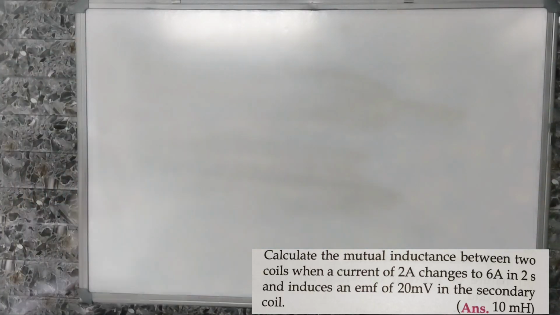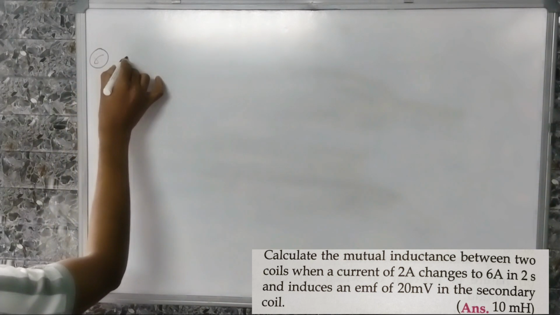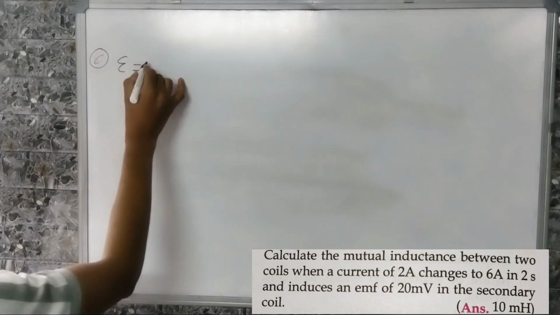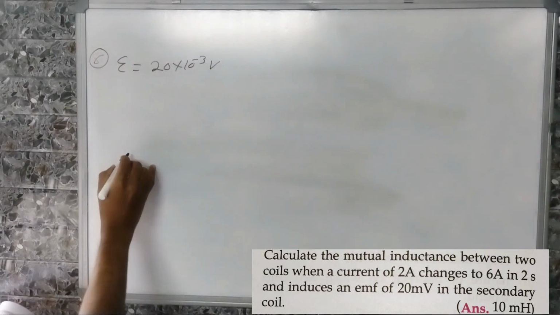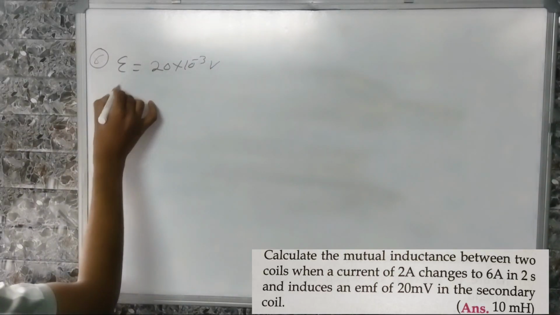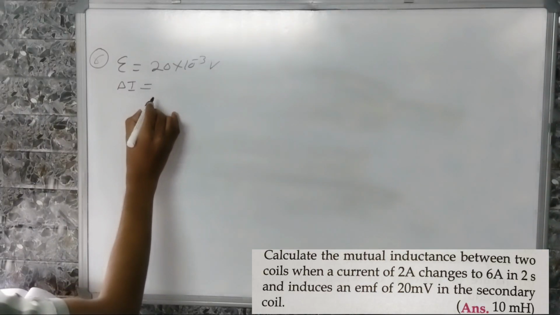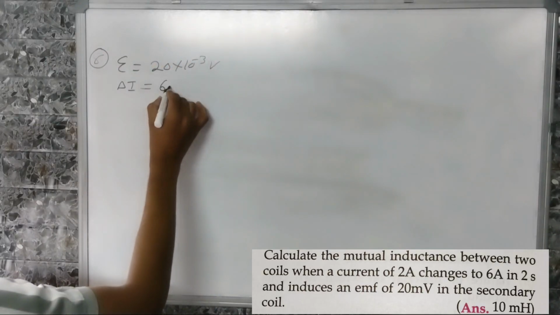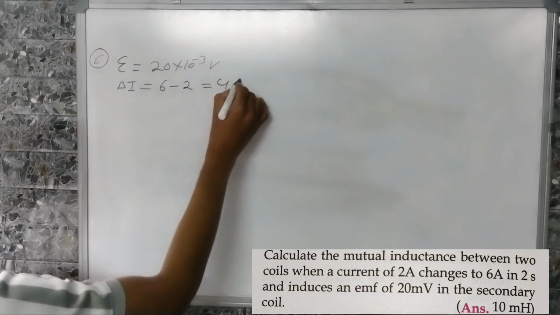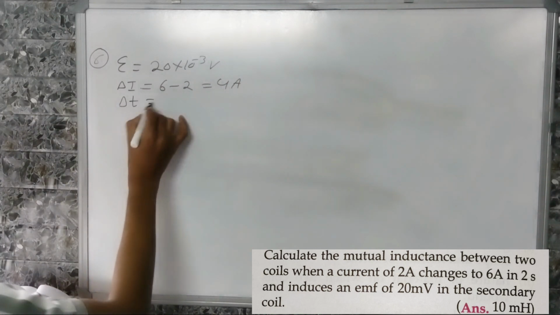So, given that, question number 8, EMF is 20 millivolt and current changes from 2 ampere to 6 ampere. So 6 minus 2 is equal to 4 ampere. कितने समय में? 2 सेकेंड में.